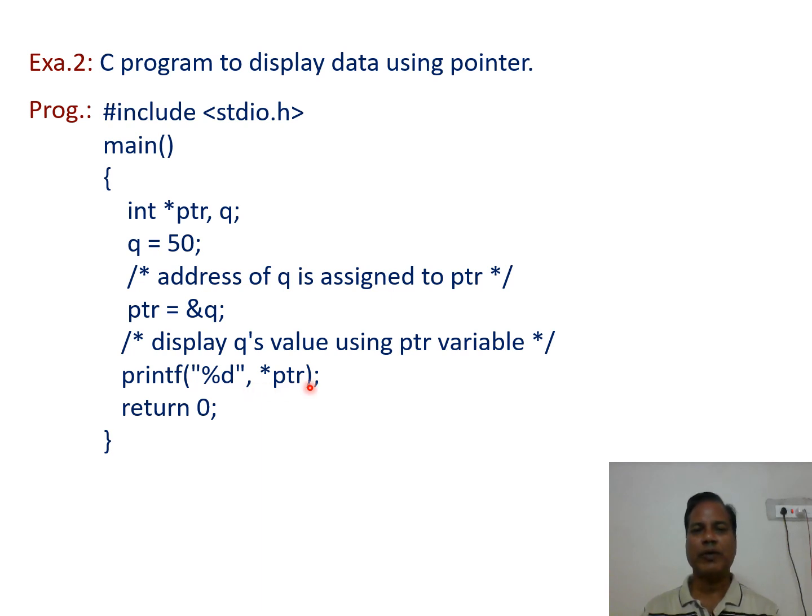So in this way, using the pointer, we print the value at a specified memory location, and the return statement is the last statement of the program. So whenever this program is executed, we get output equals 50. So in this way we discussed how data is printed using the pointer.